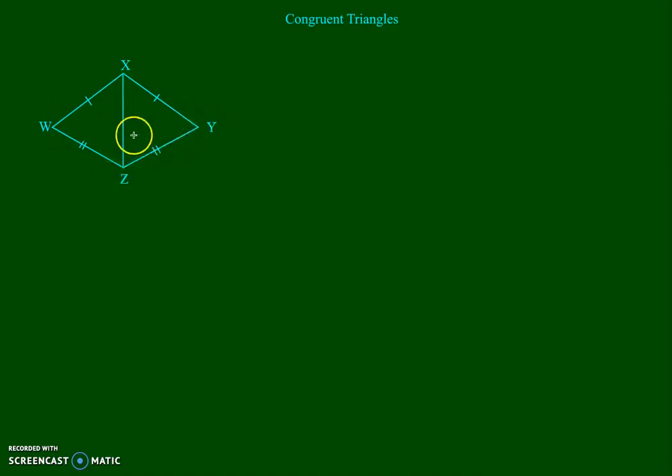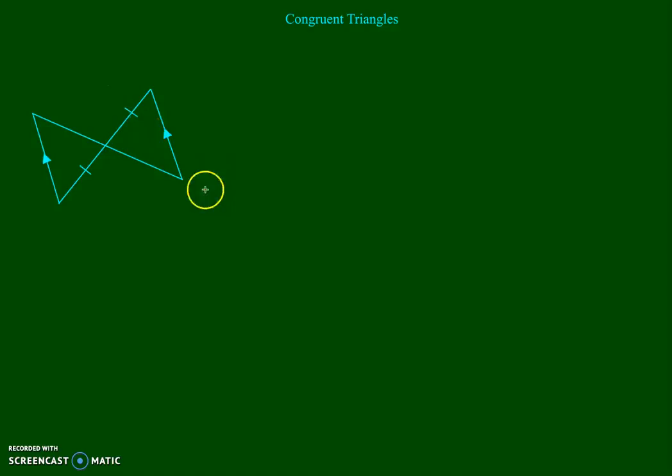Now at this point you should be recognizing when you have things joined together that this segment is shared by both triangles, so therefore XZ is congruent to itself by the reflexive property. And so because XZ is congruent to itself, we have side, side, side. So these two triangles can be shown to be congruent by the side-side-side postulate.